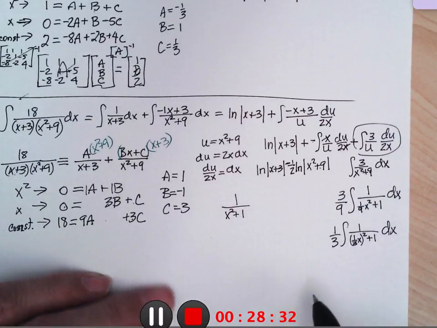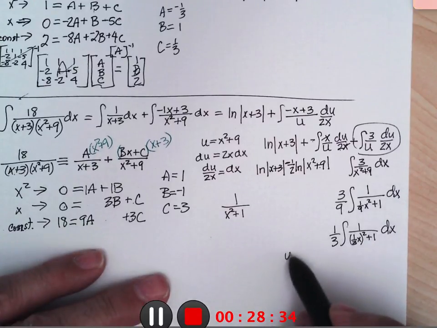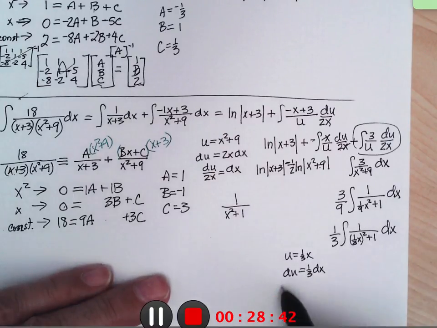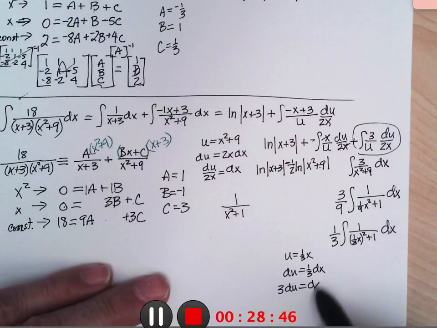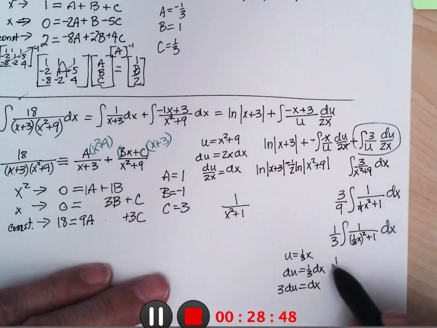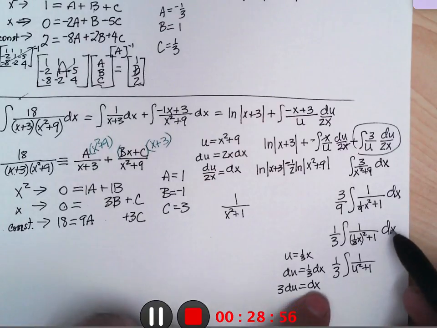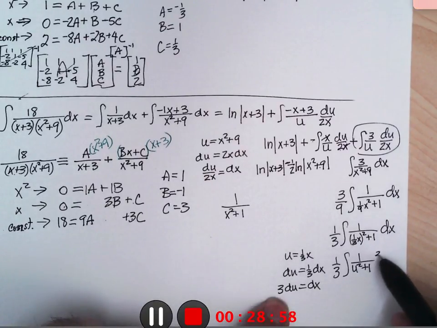Well, if I let u equal 1/3 x, du would equal 1/3 dx, and so 3 du equals dx. So this would become 1/3 antiderivative of 1 over u squared plus 1, and my dx is 3 du.